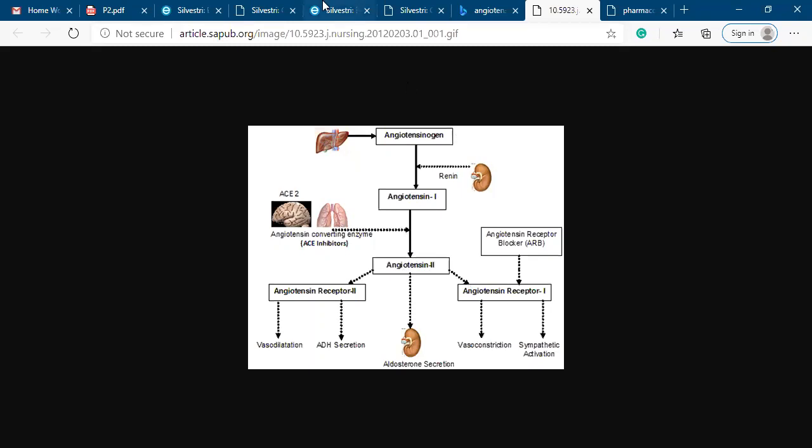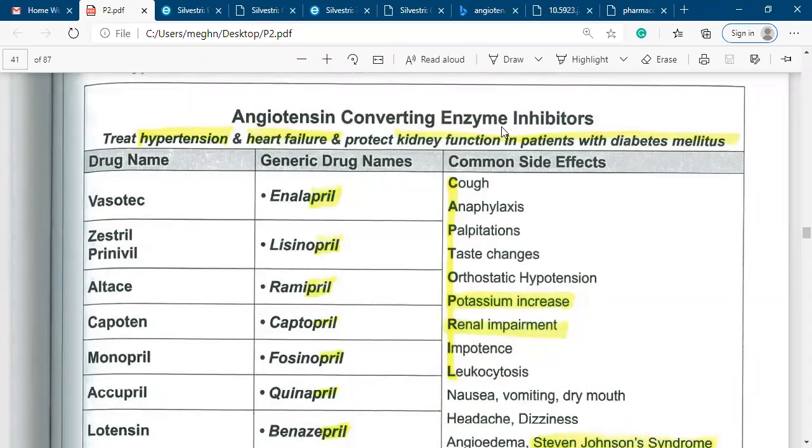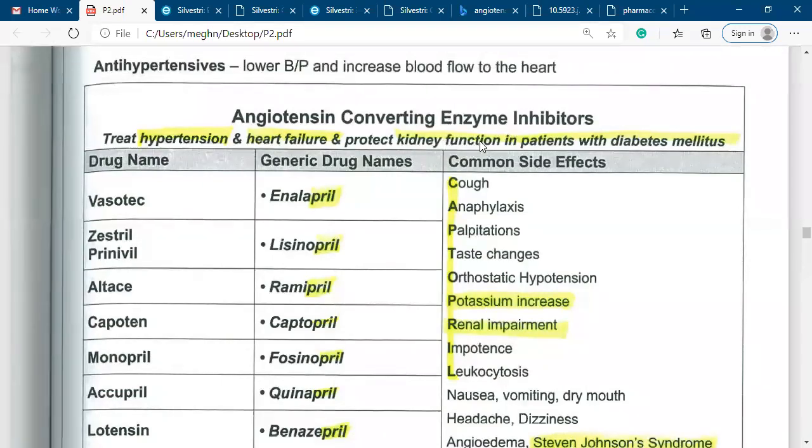Okay, so our medication list: angiotensin converting enzyme inhibitor means the angiotensin converting enzyme does not work. So angiotensinogen does not convert to angiotensin 1, and angiotensin 1 does not convert to angiotensin 2. And angiotensin 2 is the main factor.